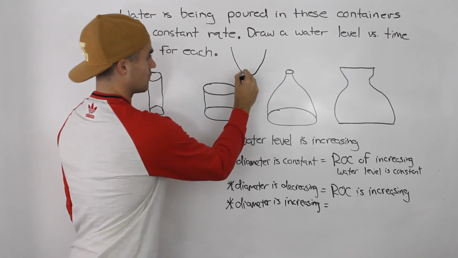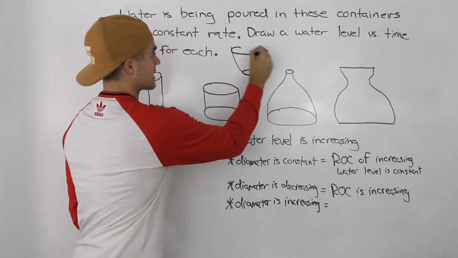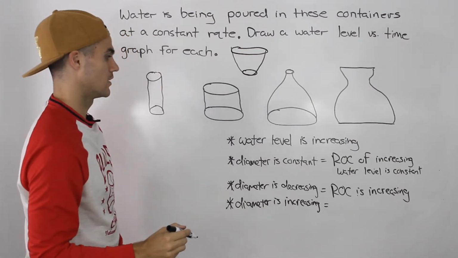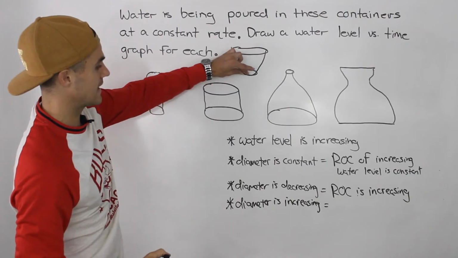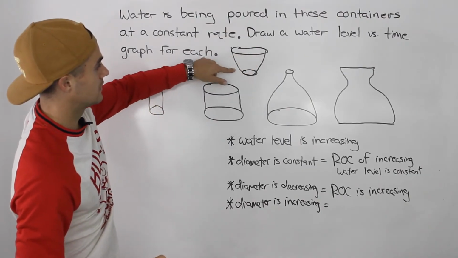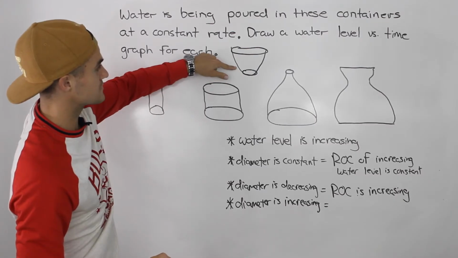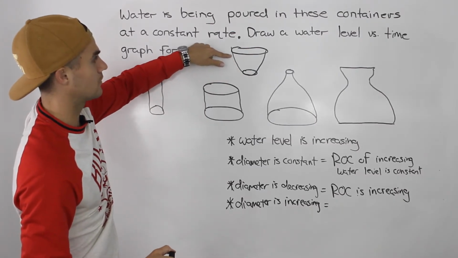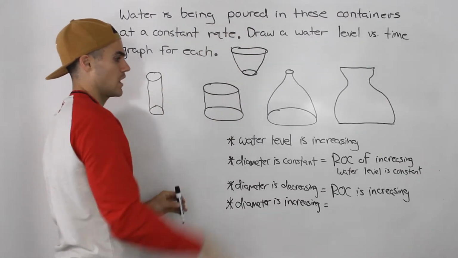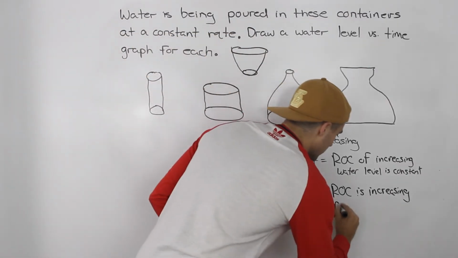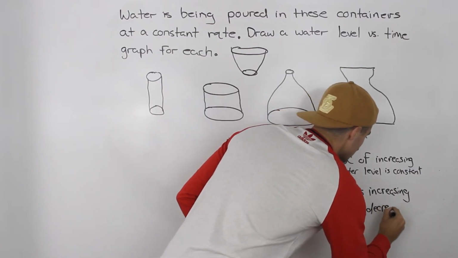Notice how the diameter is smaller at the bottom than it is at the top. What's going to happen as we pour water in a container like that? Well, as the diameter is increasing, at first, when we're pouring water in, the water level is going to rise up fast, fast, fast, but then it's going to slow down because there is more container to fill up as we move up the container. So the rate of change is going to be decreasing.